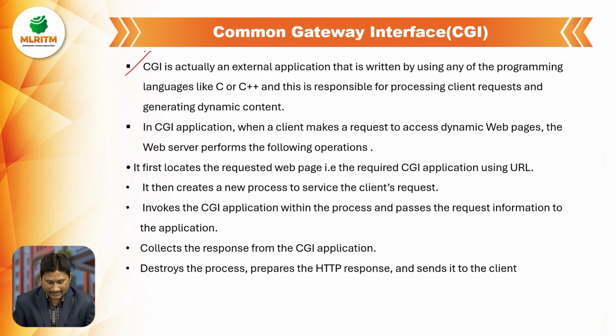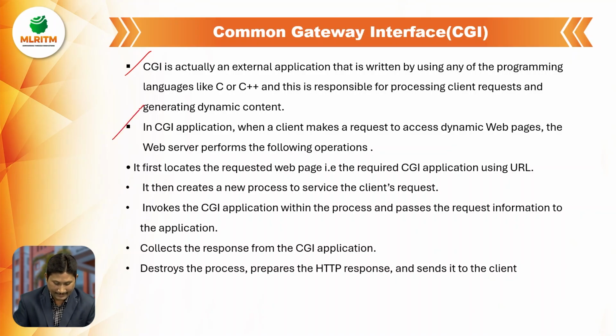CGI is an external application written using programming languages like C or C++, and it is responsible for processing client requests and generating dynamic content. The major difference is that servlets are designed only using the Java language, whereas CGI is developed using any programming language like C or C++.